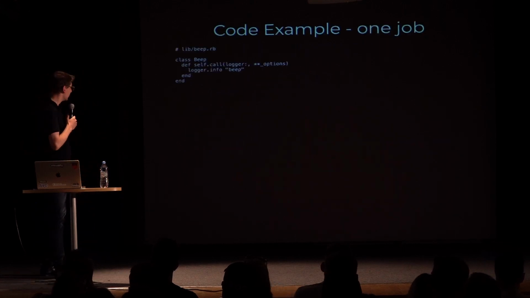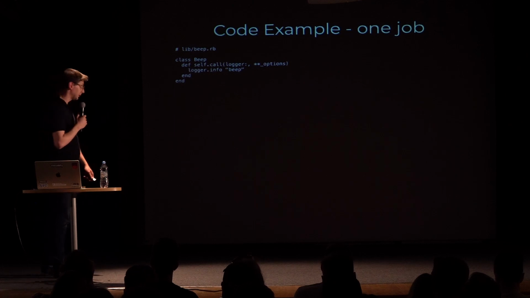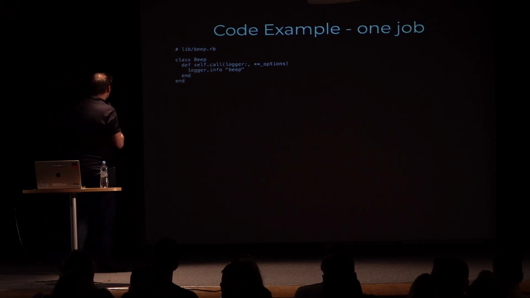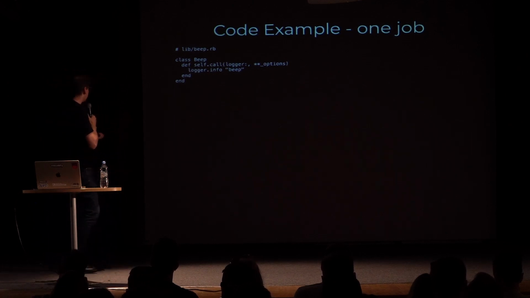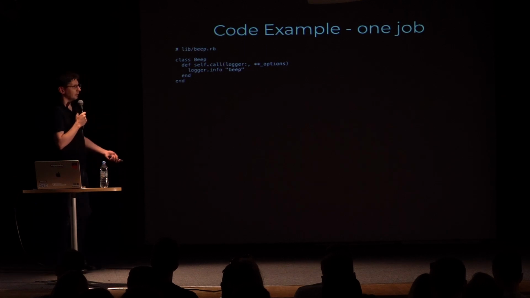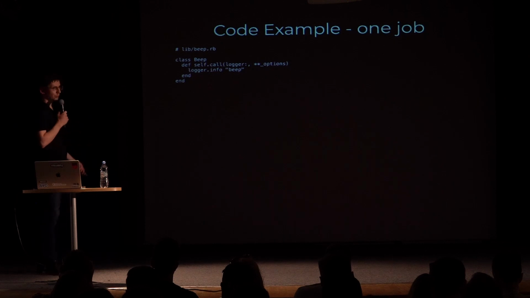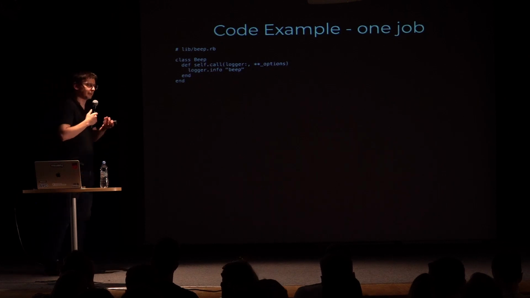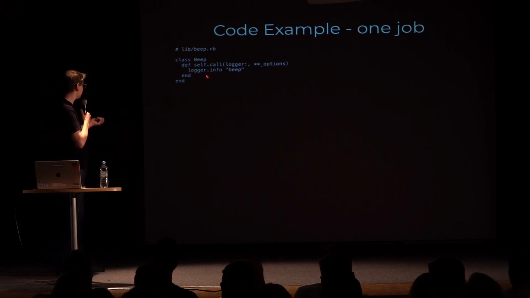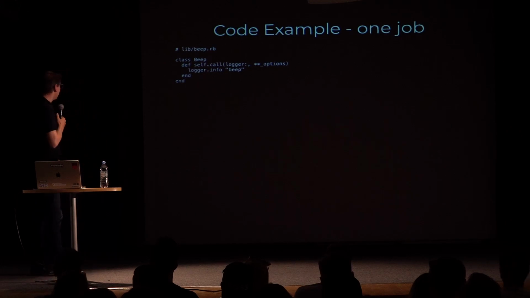And just a few, again, black and white code examples. Here's a worker. Well, it doesn't have this worker terminology anymore, so it's a job. We want to have a job. A job is something that does something. So this one beeps. So we have a class with a call method.